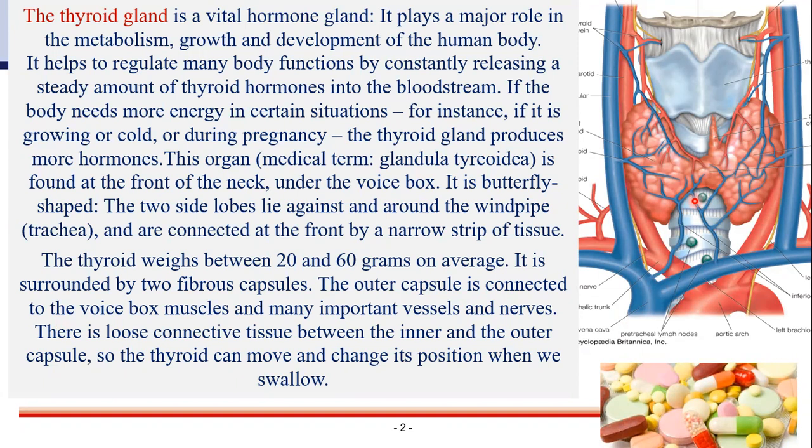It helps to regulate many body functions by constantly releasing a steady amount of thyroid hormones into the bloodstream. If the body needs more energy in certain situations, for instance, if it is growing or cold or during pregnancy, the thyroid gland produces more hormones.